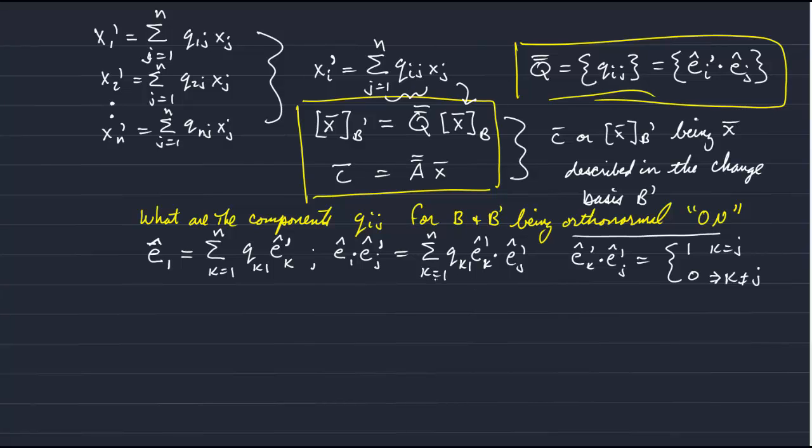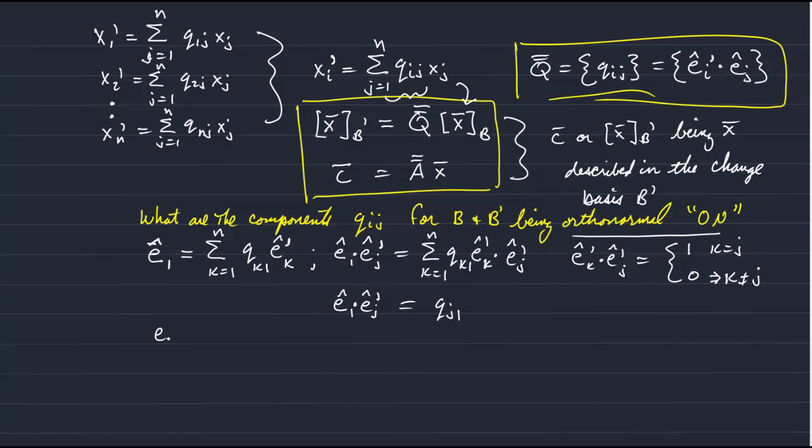And as we do this sum, k is only equal to j once, and so there's only one value of Q that remains, and that one value of Q is Qj1 when we evaluate this sum. And so this tells us that E hat 1 dotted with E prime j is equal to Qj1.